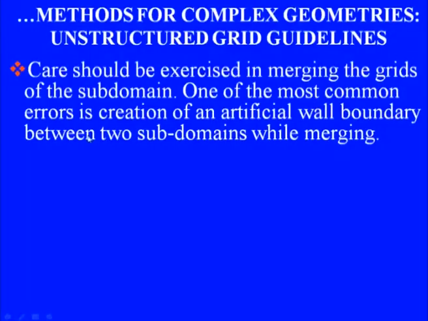One of the most common errors which users make is creation of an artificial wall boundary between two subdomains while merging. So, let us take care that once two subdomains are merged, they are merged smoothly without creation of any artificial separating surfaces between them.